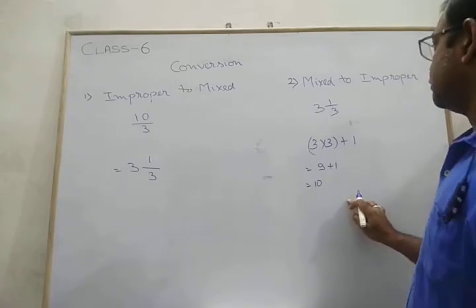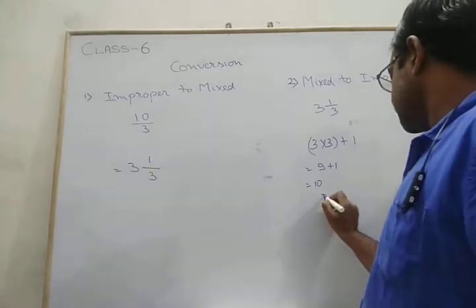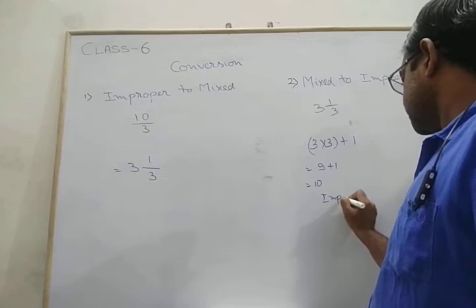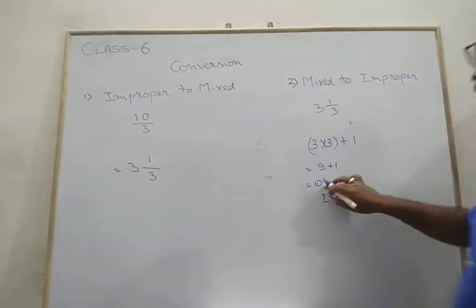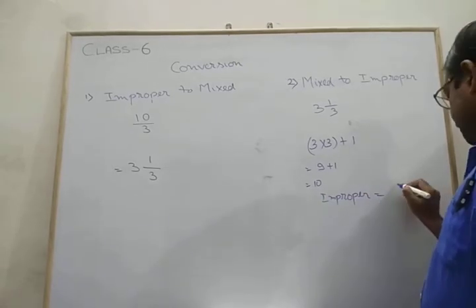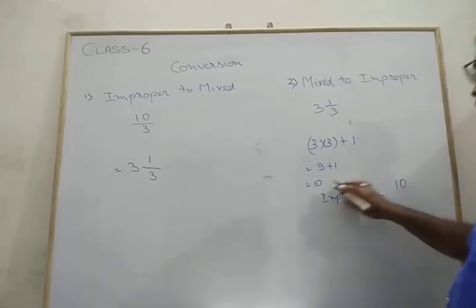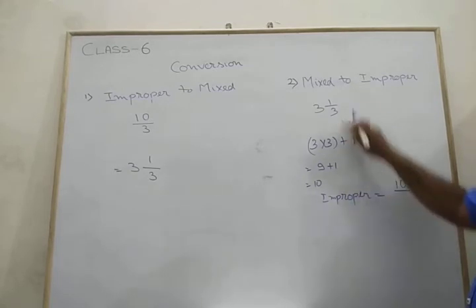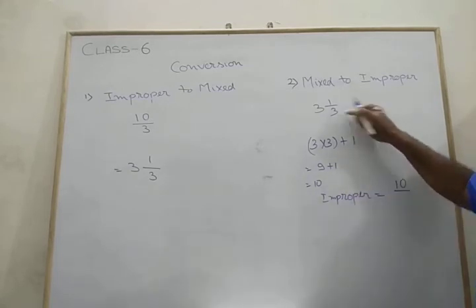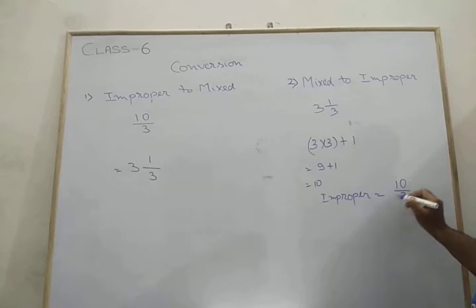So for your improper fraction, first write down 10 in place of the numerator, and the denominator does not need to change. It is the same: 10 upon 3.